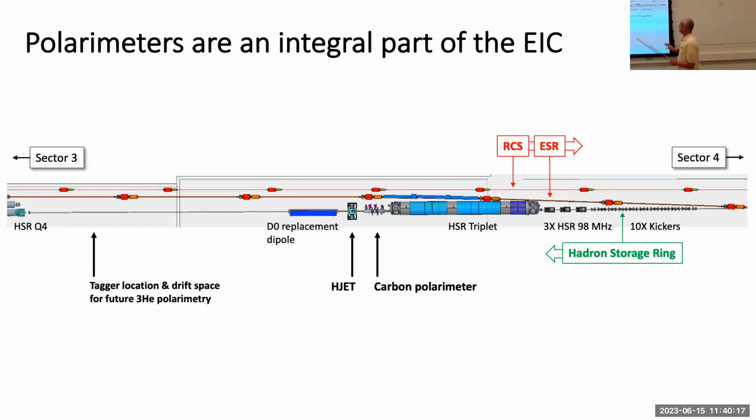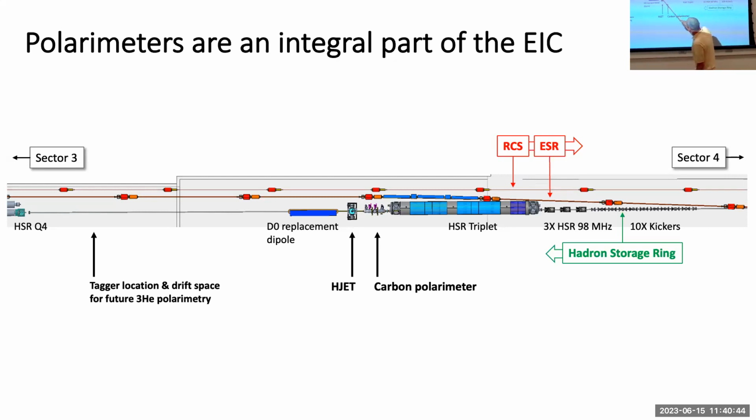Now, this is how this currently looks in people's heads and computers. We've moved the polarimeters to what's called IR4, the 4 o'clock location in the hadron storage ring. The hadron beam comes in from this direction, and it goes through these dipoles and triplets.